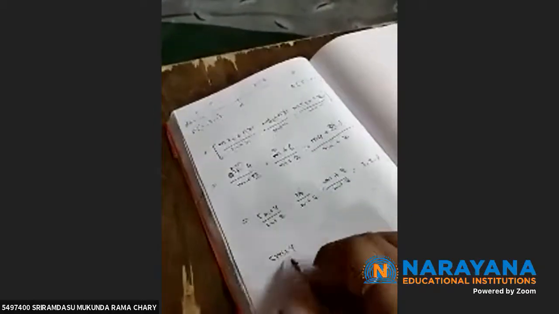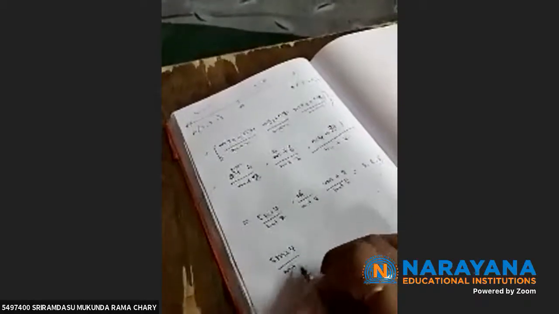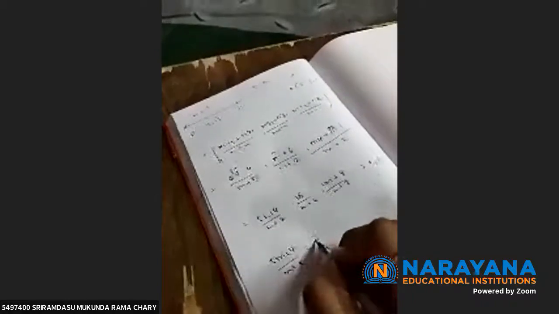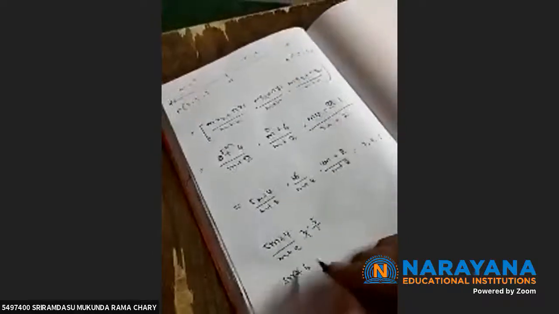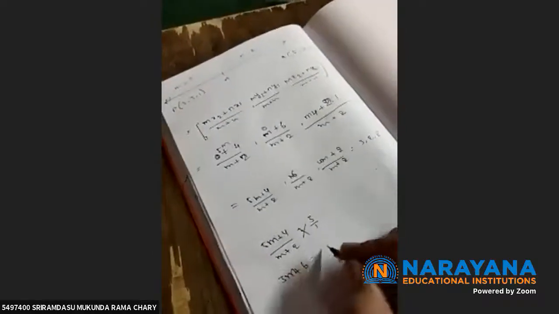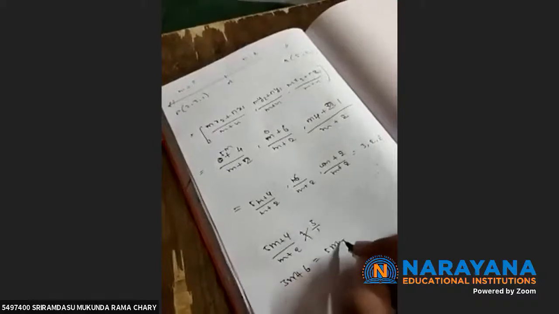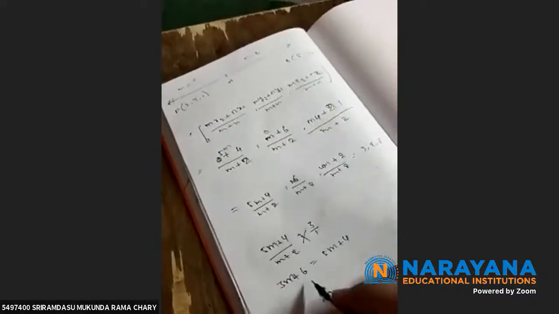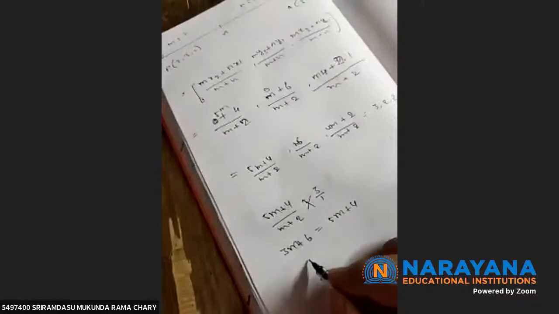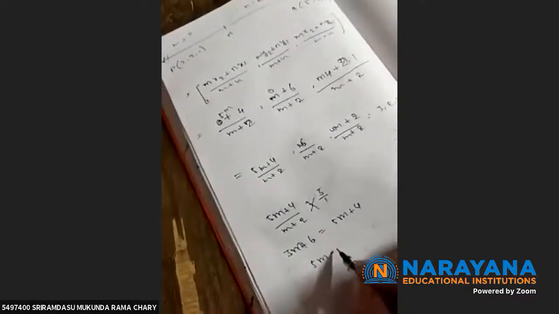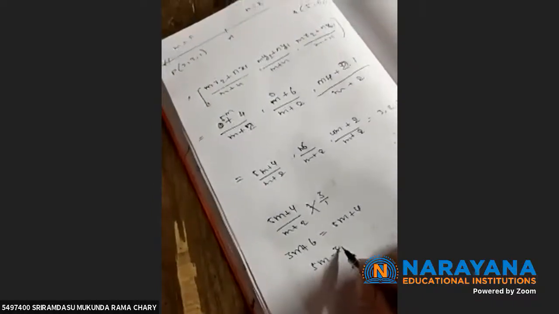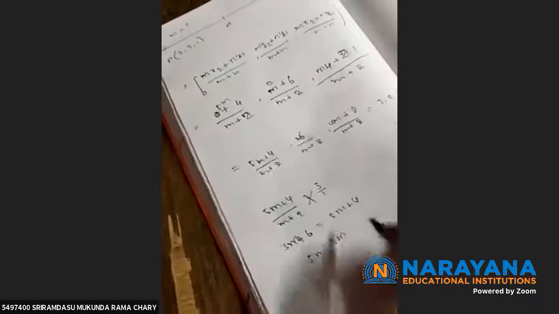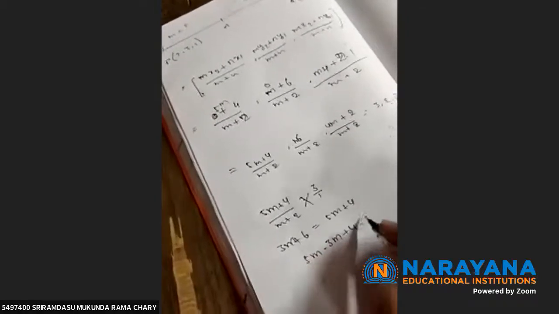5m plus 4 by m plus 2 equal to 3 by 1. Let's do the cross multiplication. 3m plus 6 equal to 5m plus 4. Now we transfer: 5m minus 3m, 4 minus 6.